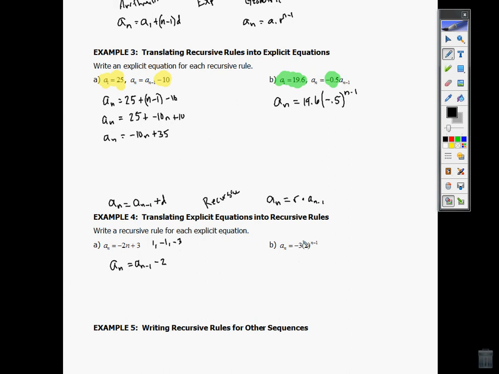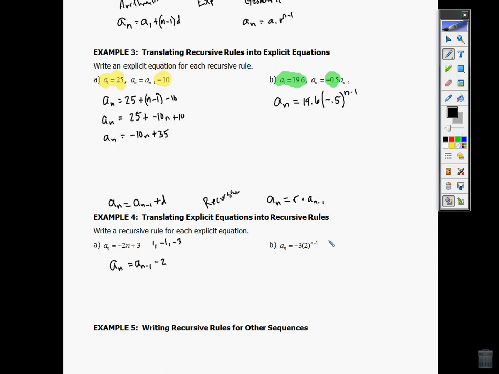Over here, the only piece of information that I need, as I said before, is the rate. Now how can I find out what the rate is based upon this explicit formula? Well, again, I could look at some of the first numbers in the sequence. If I put in a 1 here, and I'm looking for the first term, a sub 1, that means this is 1 minus 1, which is 0, 2 to the 0.